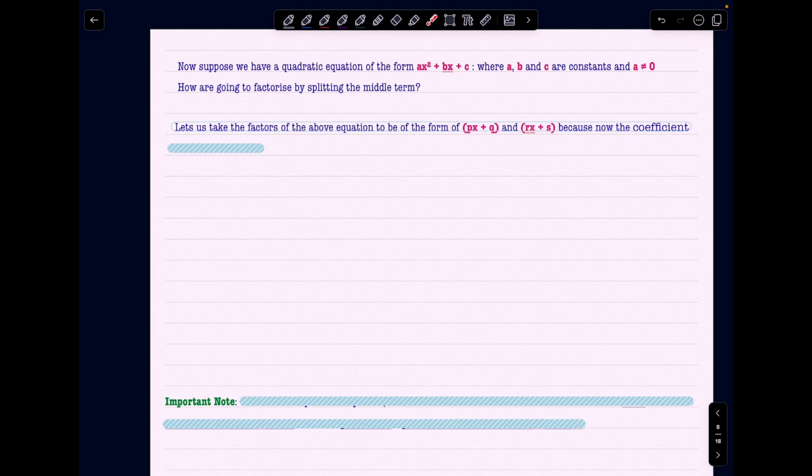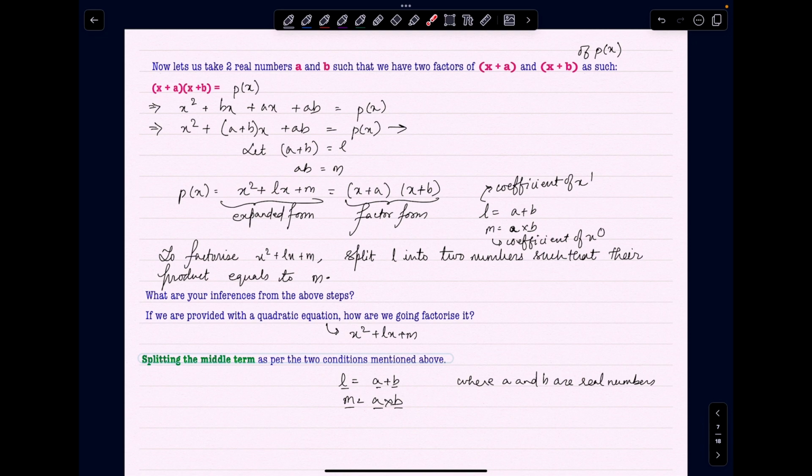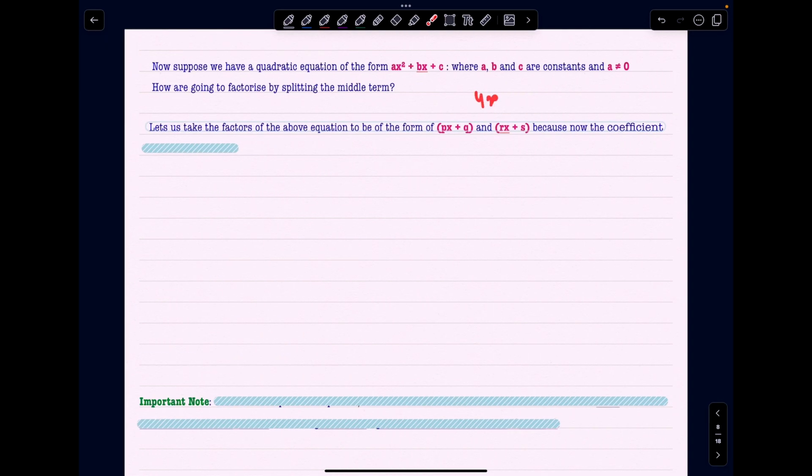Why? Like the previous example I told you, if there is 4x plus 3 into 2x plus 2, this will give us 8x square. So 8 is a. How are you going to get a? If you have coefficients before x in the factors, we are going to get ax square.